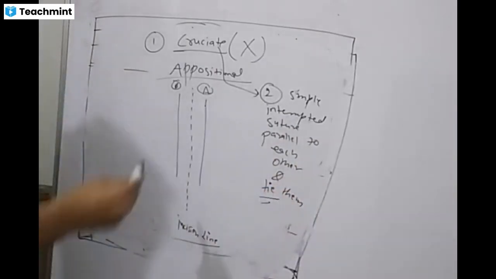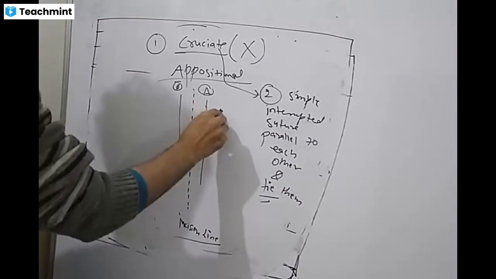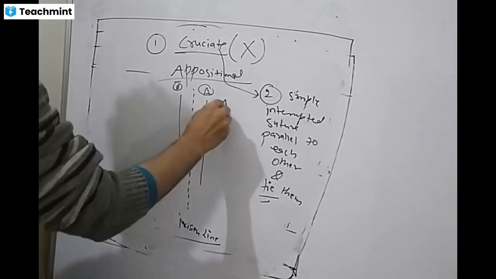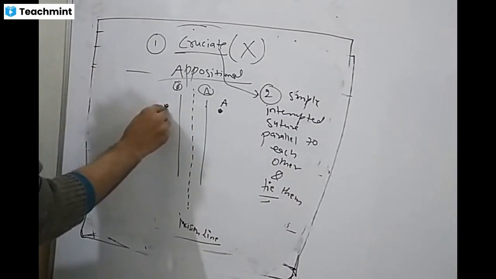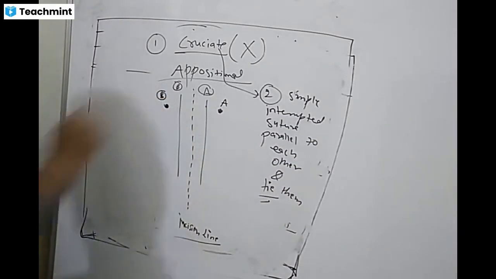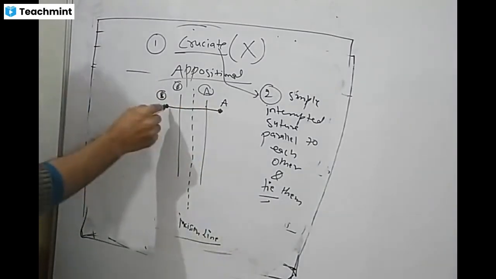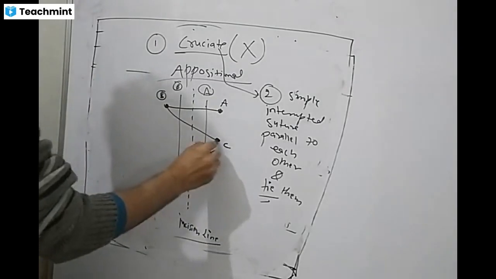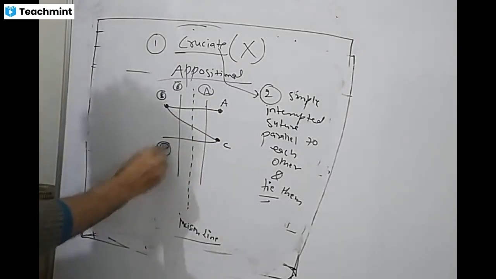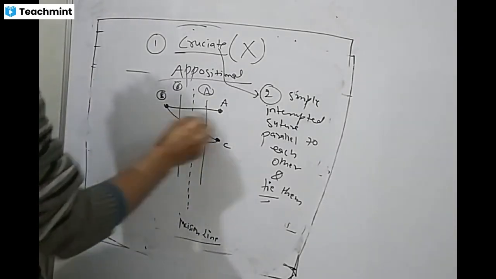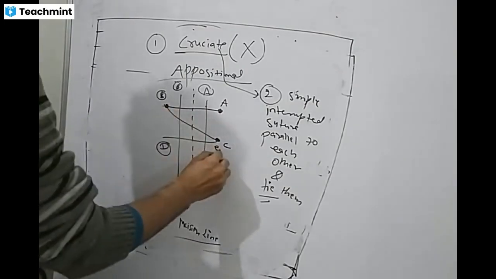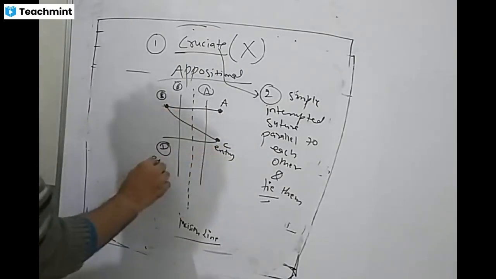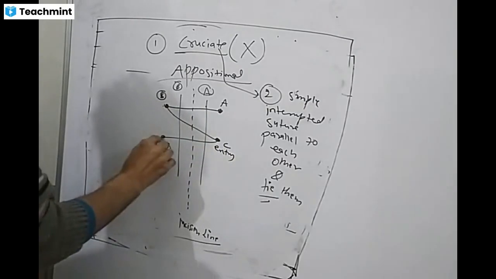Suppose A is the entry point and B is the exit point. This is how it enters, then C, then D. Entry, exit, then again it enters, and from point B it exits out.